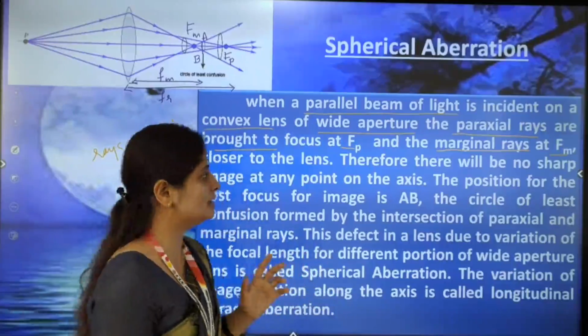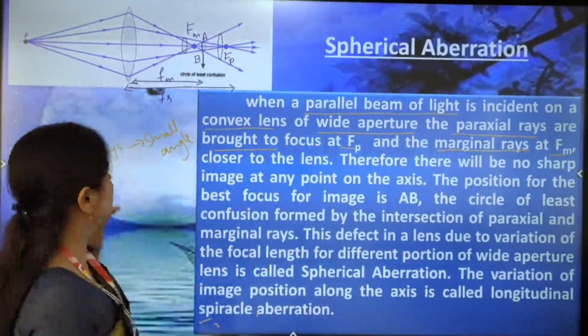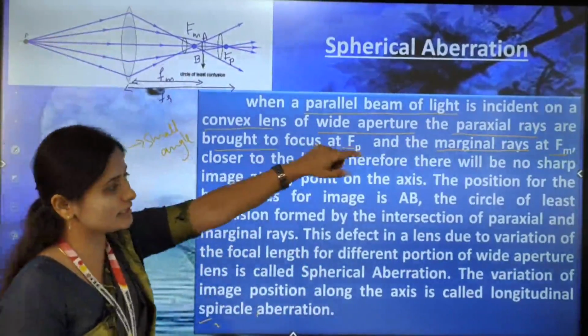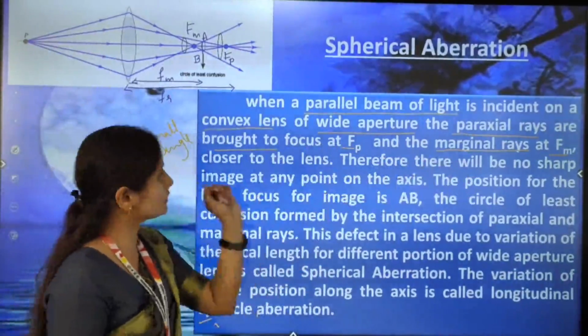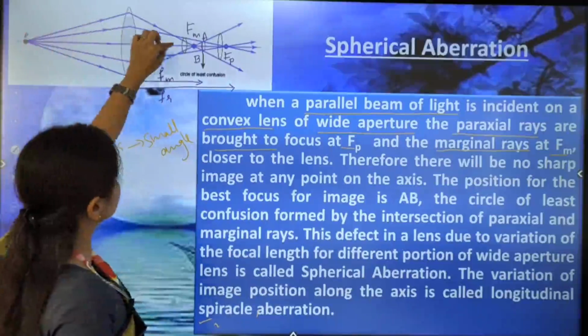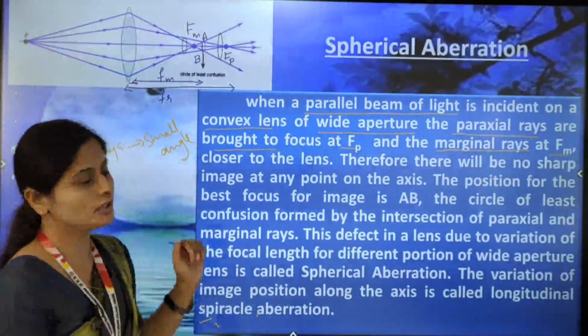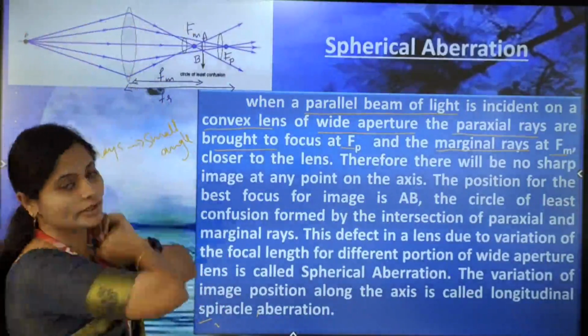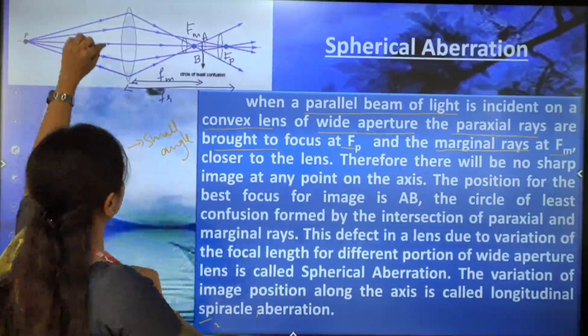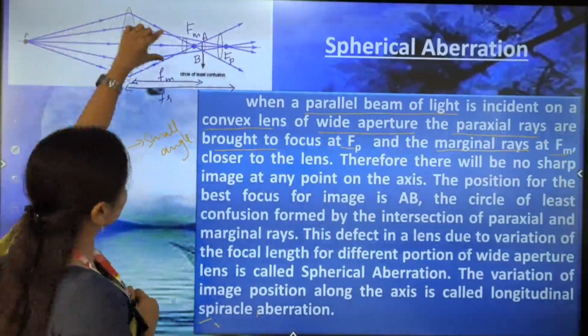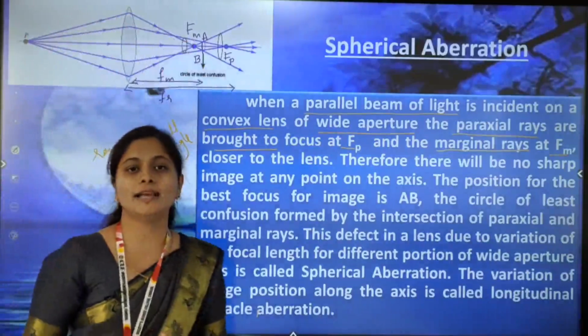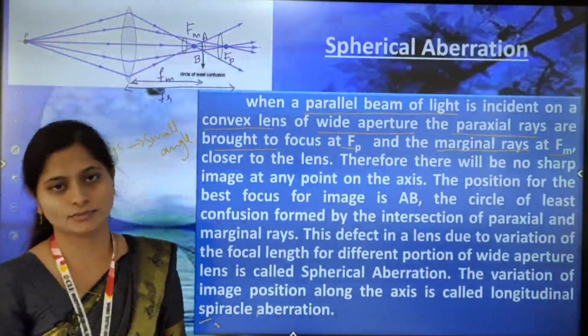Second, marginal rays. The marginal rays point is FM. These are rays incident near the edge of the lens, whereas at the center whatever rays are incident we call paraxial.